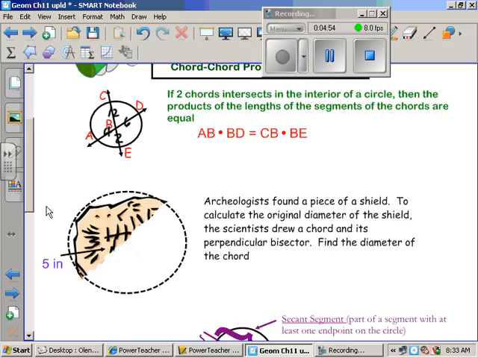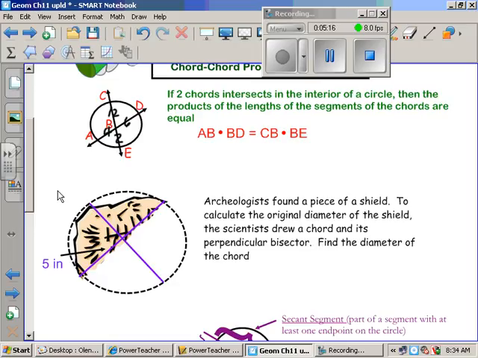So then they drew a diameter, okay? And then they drew a perpendicular bisector. And they want to know what the diameter of the circle is. Okay?